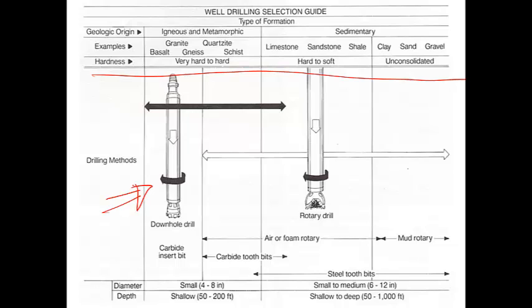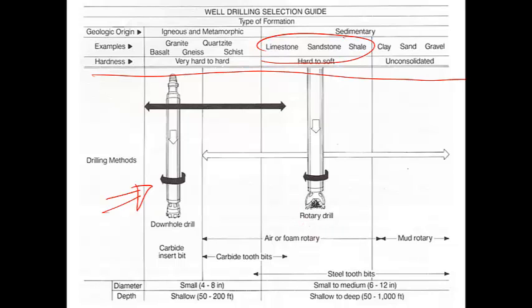If you're drilling through sedimentary rock, these guys here, limestone, sandstone, or shale, so it's rock, but it's a lot softer than igneous or metamorphic rock, and so that's really the domain of the air rotary.